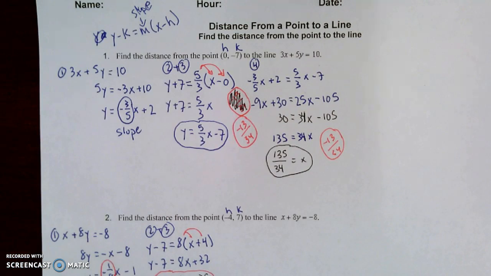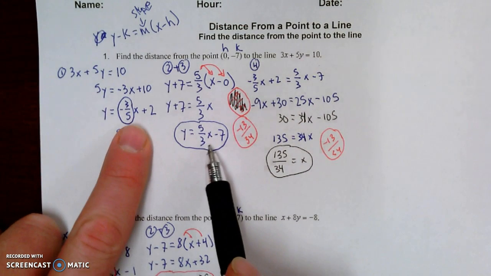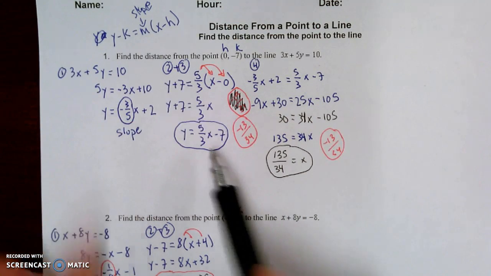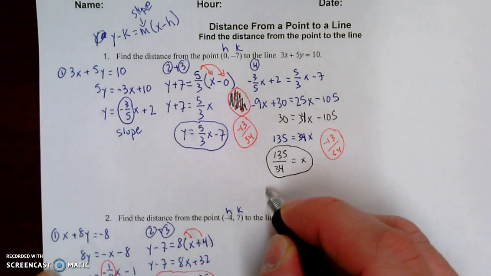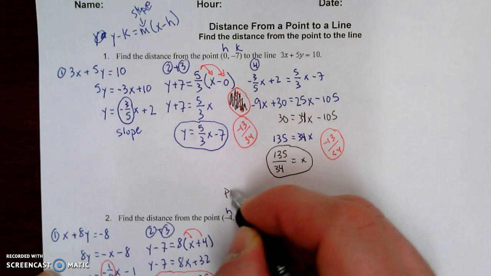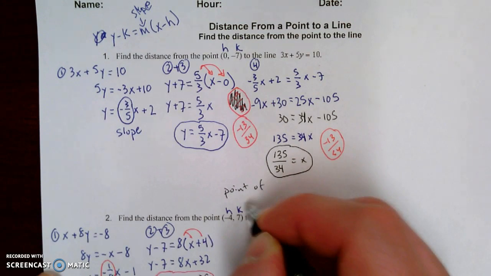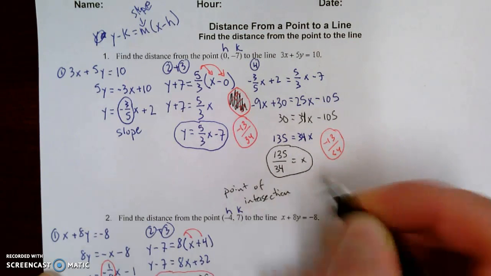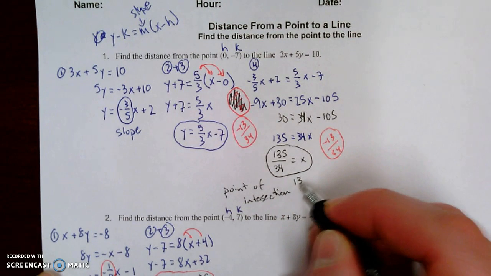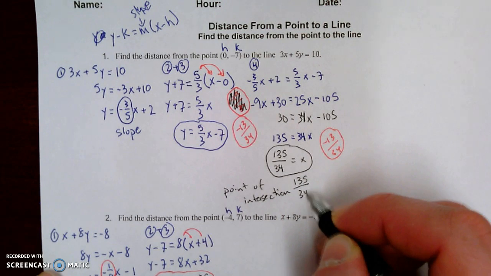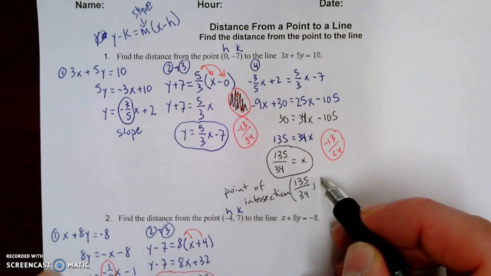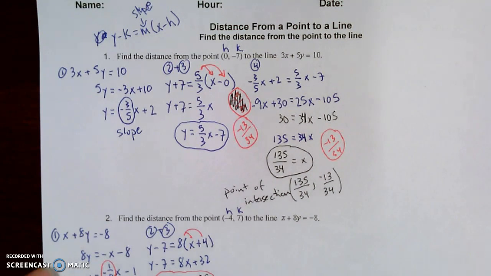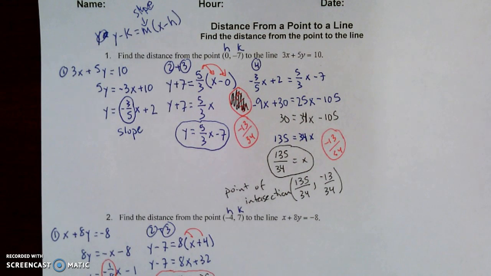So since we got the same value both times, we're pretty certain that we've done it correctly. So our point of intersection is 135 over 34, that's our x-coordinate, comma, negative 13 over 34. There's our y-coordinate.